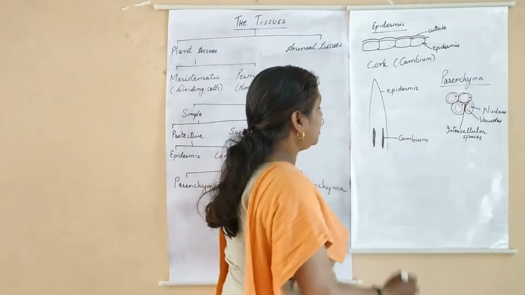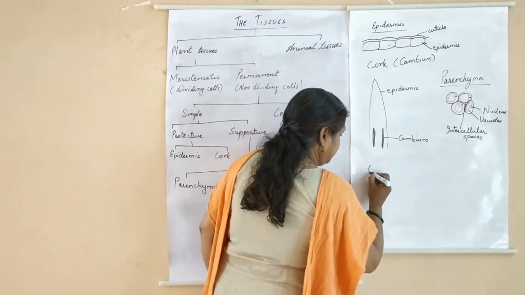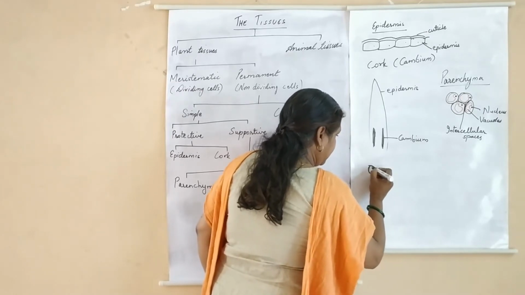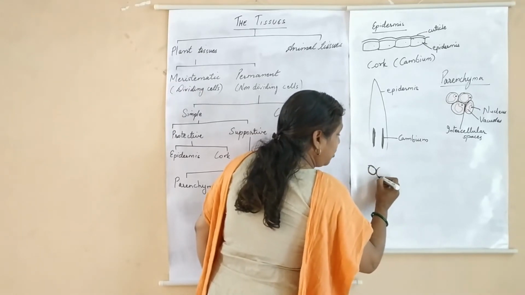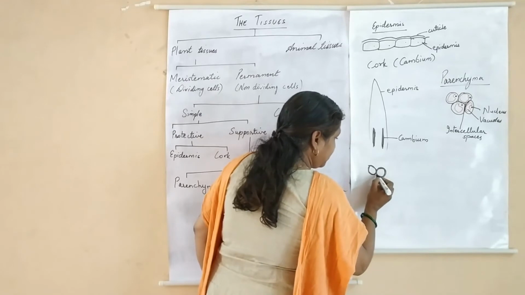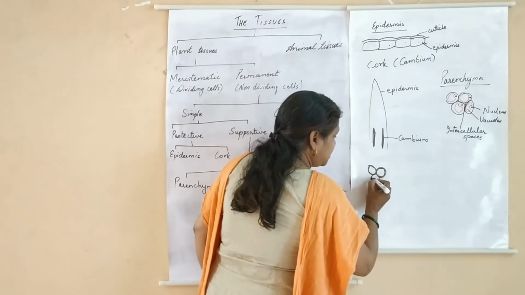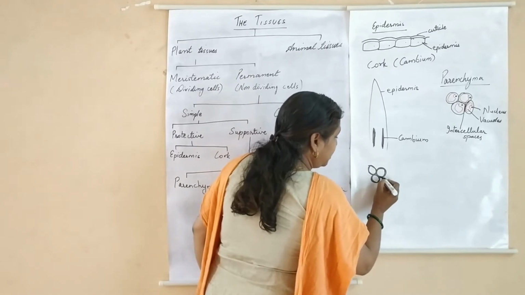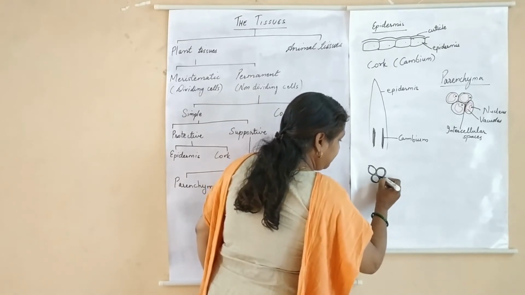Now coming to collenchyma. Collenchyma cells are thick walled. No intercellular space is present. So when you are drawing collenchyma, be careful. No intercellular space should be present.